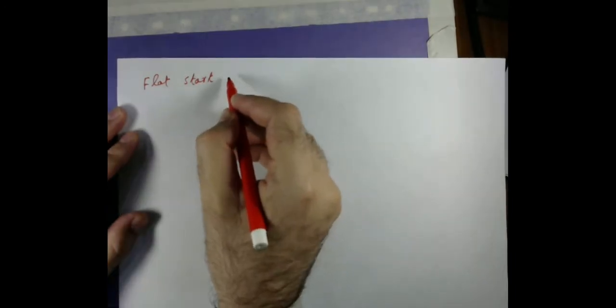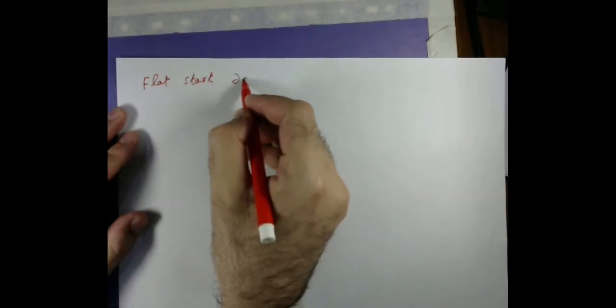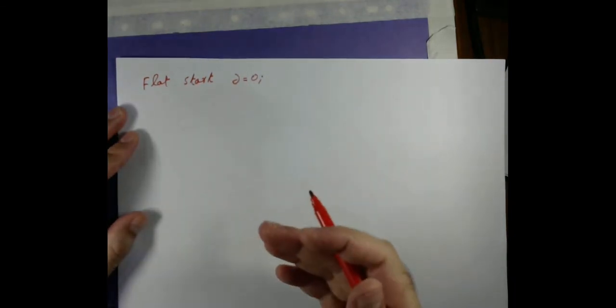And you remember that in the flat start, for rho equal to 0, we have already discussed all these steps when we were talking about the Gauss-Seidel method.